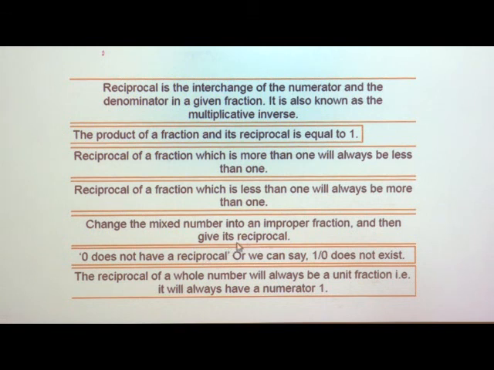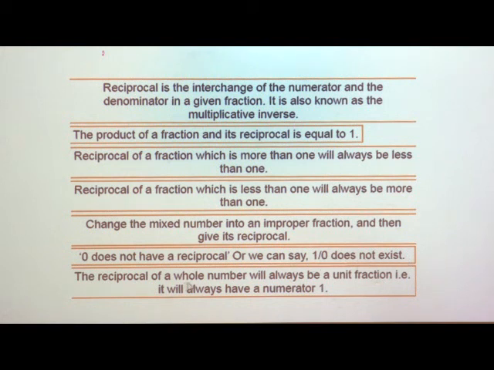First, when you are having a mixed fraction, convert or change into improper, and then we have to do the reciprocal of that fraction. 0 does not have a reciprocal. Already I had told that time also, just again we have to recall. 0 does not have a reciprocal, or we can say 1 upon 0 does not exist.